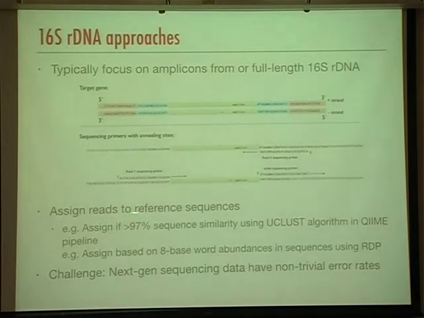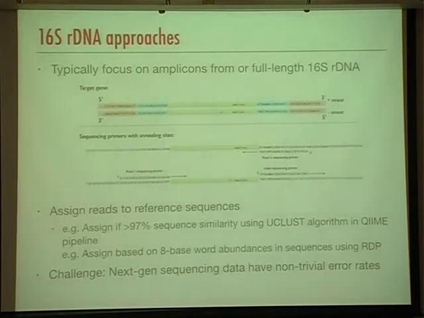And if there is 97% sequence similarity between the reads in the microbiome sample and a particular reference sequence, then call it as being of that taxa and count to get the relative abundance of that particular taxa.